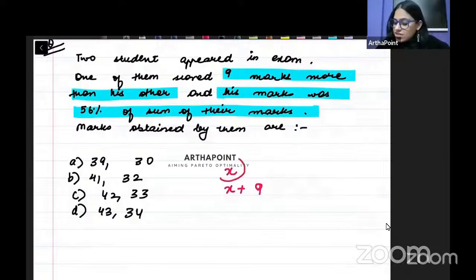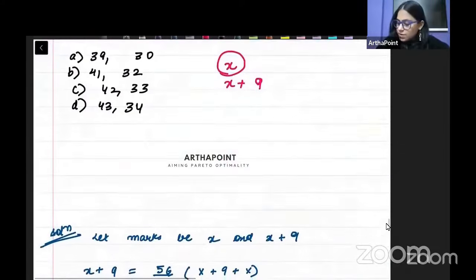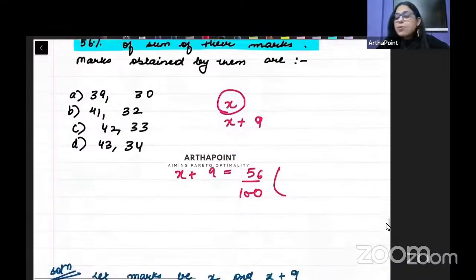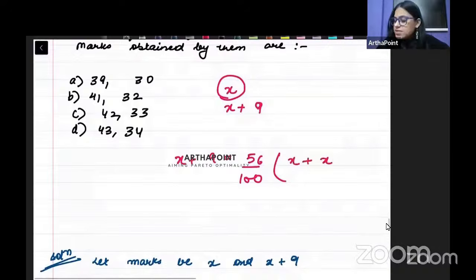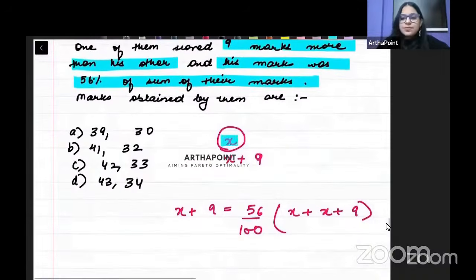So the marks of the second person are 56% of what, beta? Of the sum of their marks, of x plus 9. Are you understanding it? I am saying that the first person has scored x. The second person has scored x plus 9.